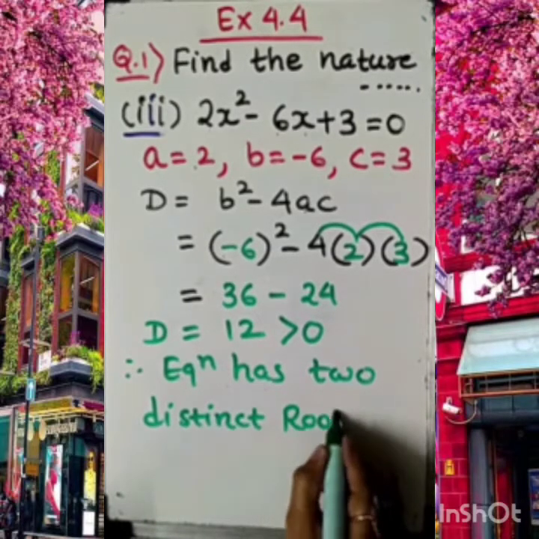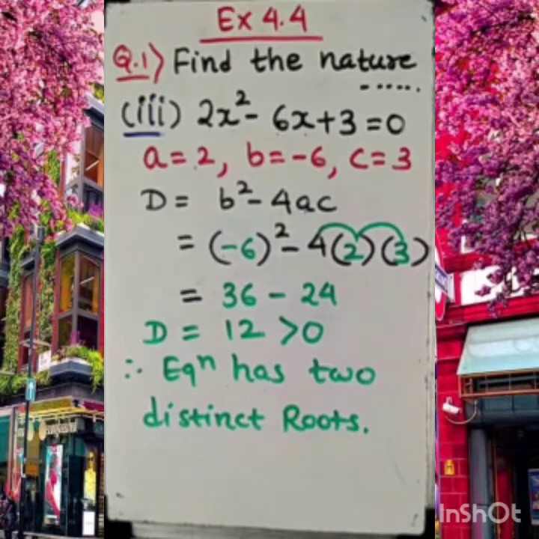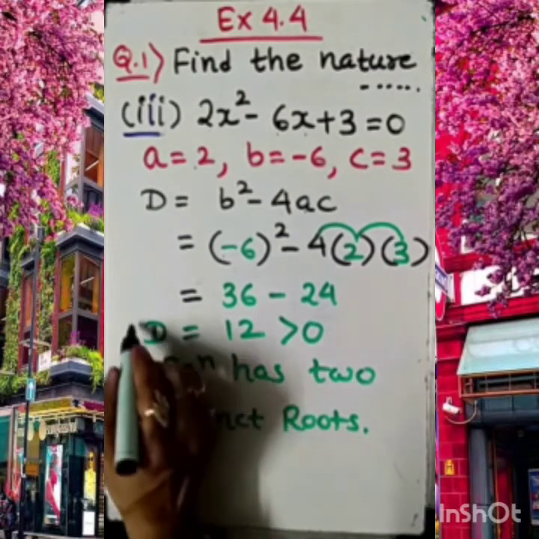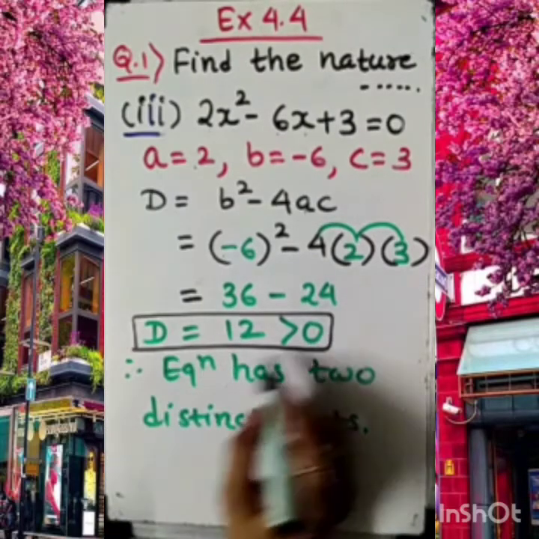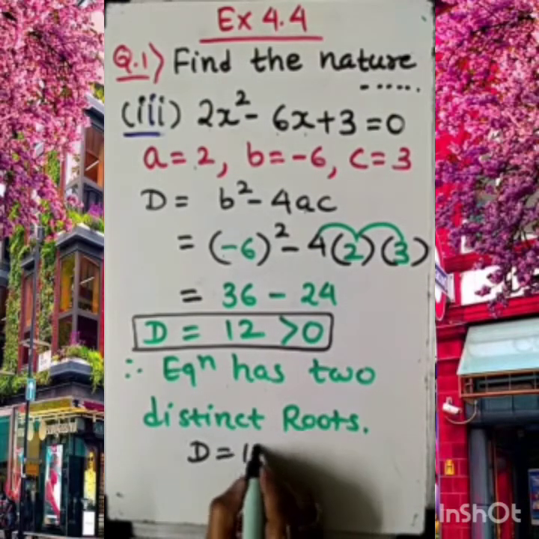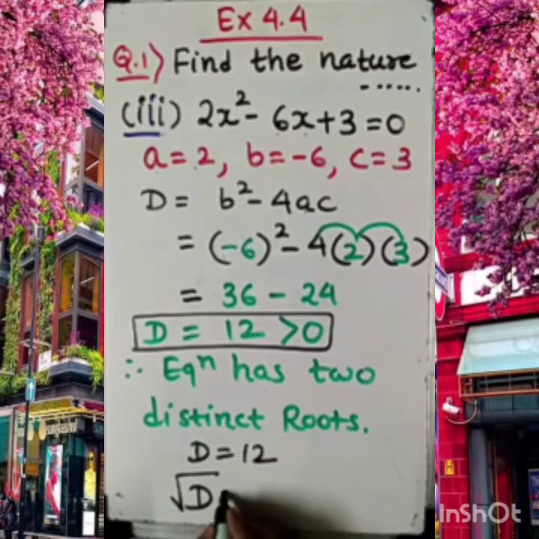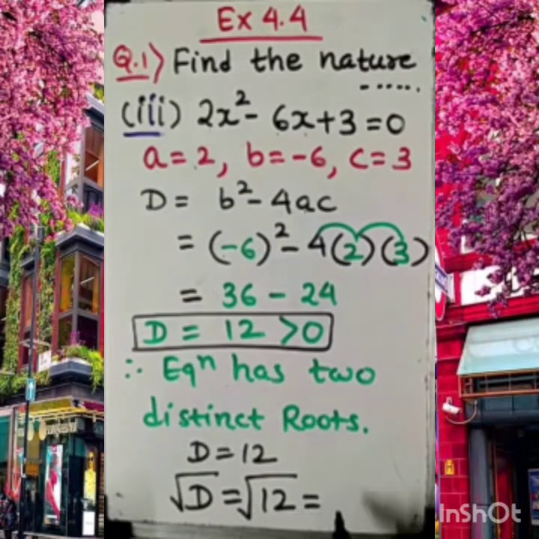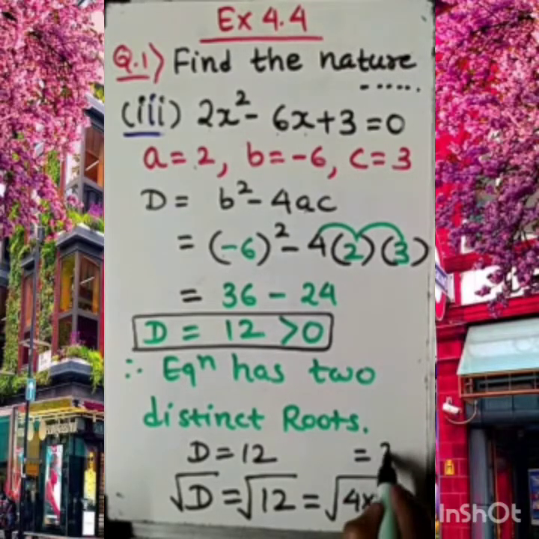So let's try to find which two distinct roots are there. Before we find that, one thing I am doing here for our better simplification. D equal to 12. So what will be the value of under root D? Under root D means under root 12. Can I say it will be 4 3s are 12, so the square root of 4 will come outside. So we can say it is 2 root 3.